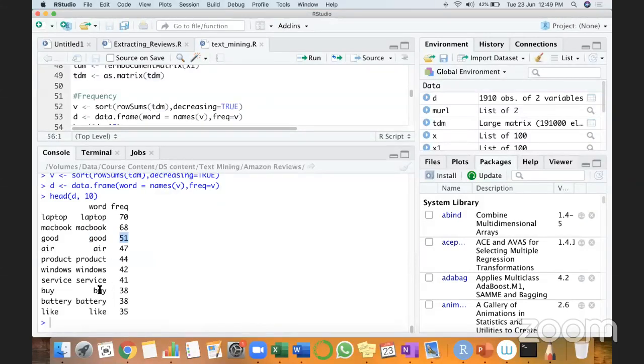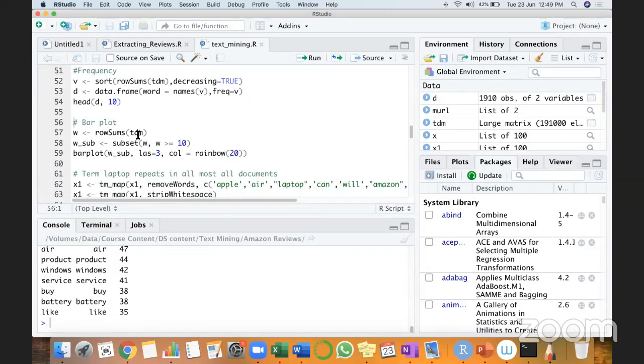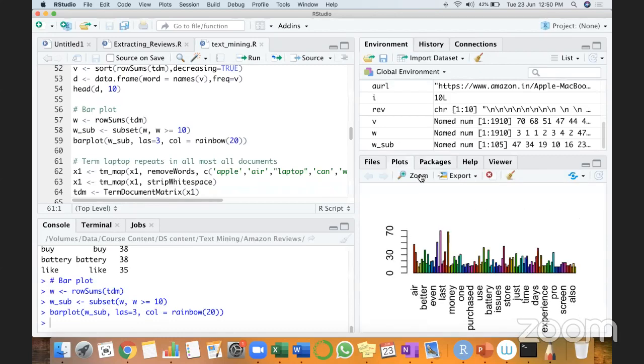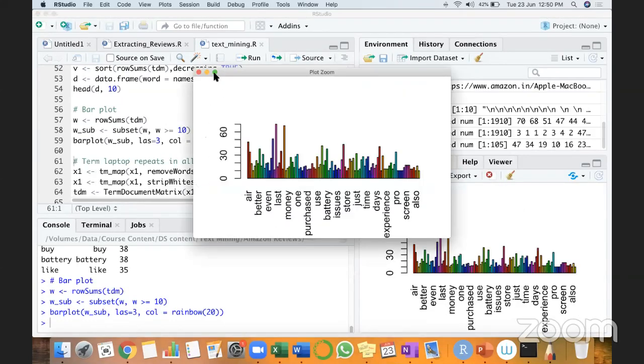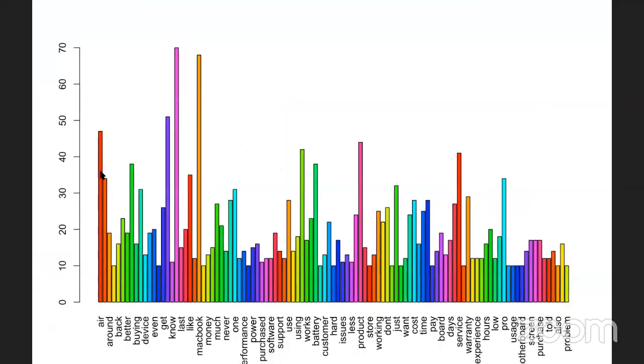Now let us go for a bar plot with the highest words. Air has occurred this many times, MacBook, get. These are the word frequencies.